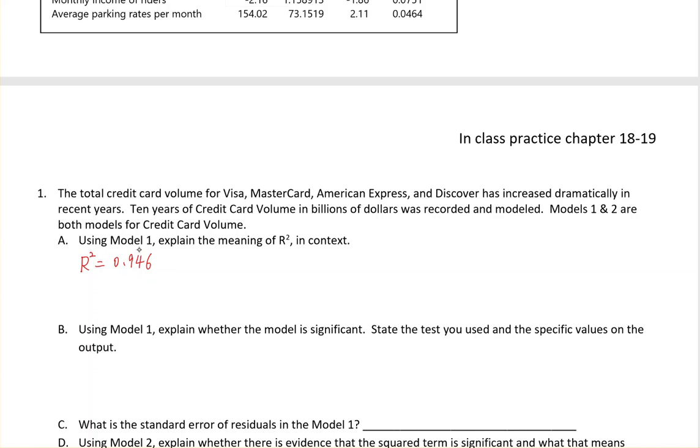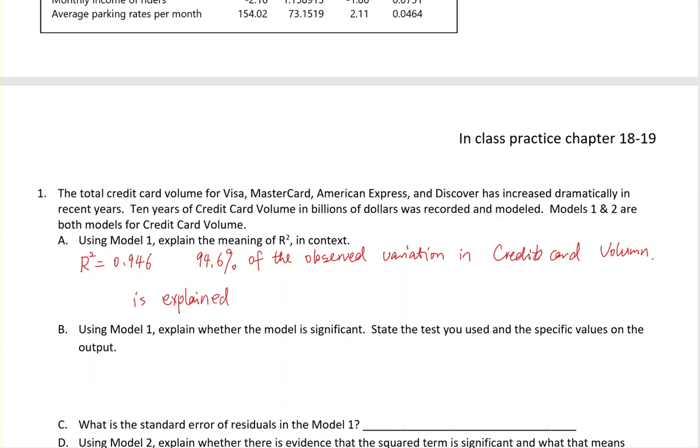We say 0.946, that means 94.6% of the observed variation in the credit card volume, credit card in Y, is explained, or you can use accounted, it doesn't matter, it's explained by the regression of X, which is the year, right?